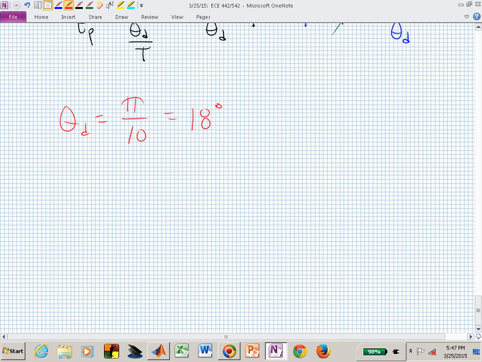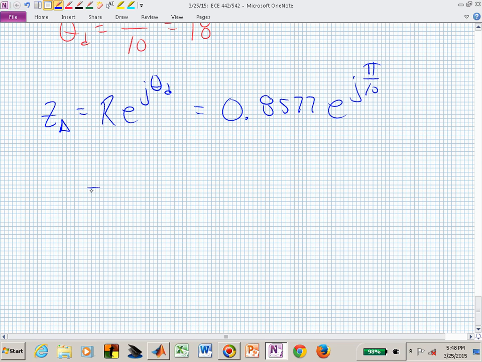That's now our dominant pole pair. Z sub delta is now this r e to the j theta sub d. That's 0.8577 e to the j pi over 10, or if your calculator is in degree mode, you may want to use the angle in degrees.